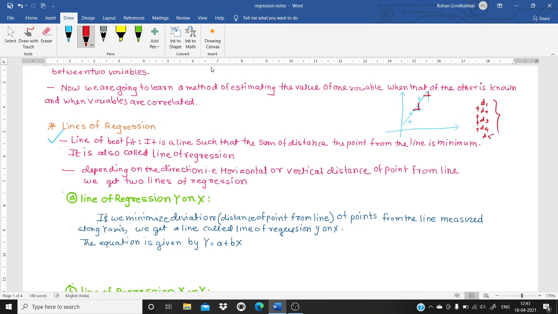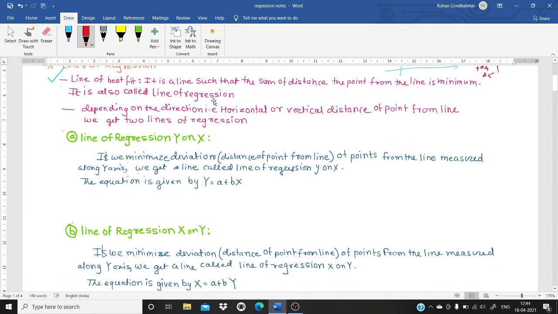Depending on the direction, that is horizontal or vertical distance of the point from the line, we get two lines of regression. I already discussed this. Now come to the next very important point, that is line of regression y on x.